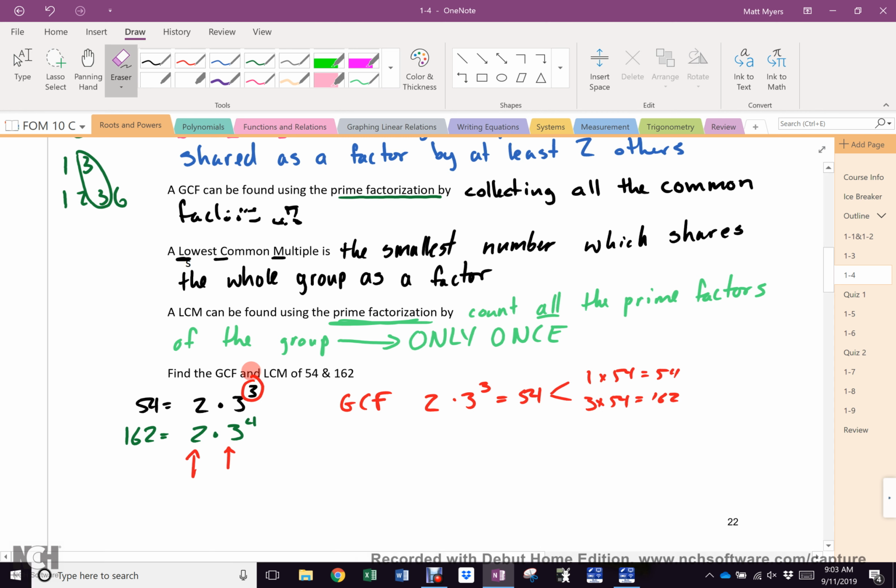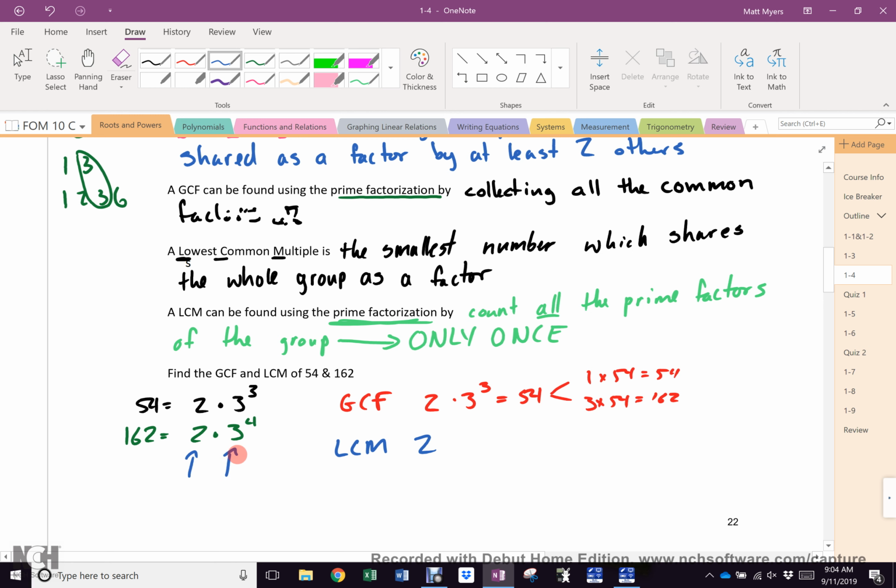Okay. Now, let's do an LCM, which we'll do in blue. LCMs say I have to count all of the factors, but only once. Is 2 a factor of both of them? Yes. So I have to count it. Do I count 2 2s or only 1 2? 1 2, because I only count things once.